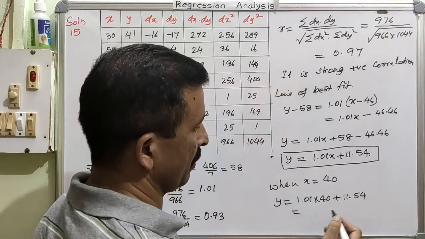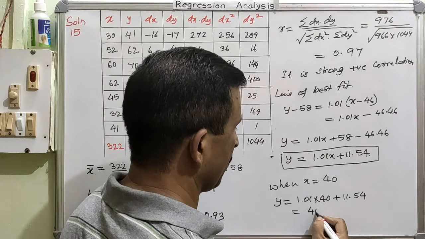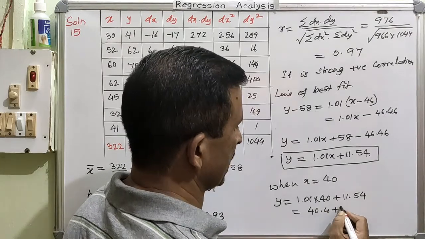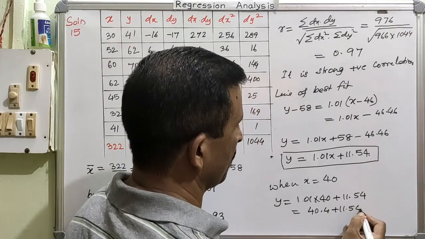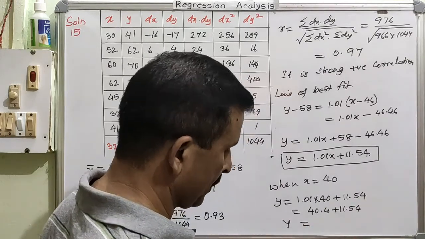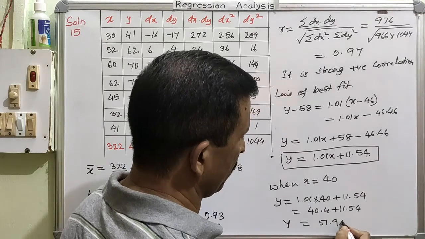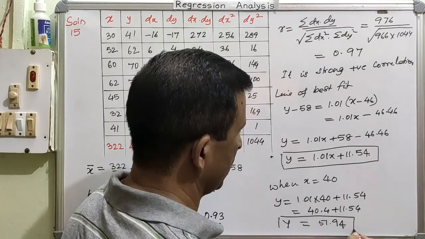So when you multiply this, it will come as equal to 40.4 plus 11.54. So finally your answer y will become equal to 51.94. This is your final answer.